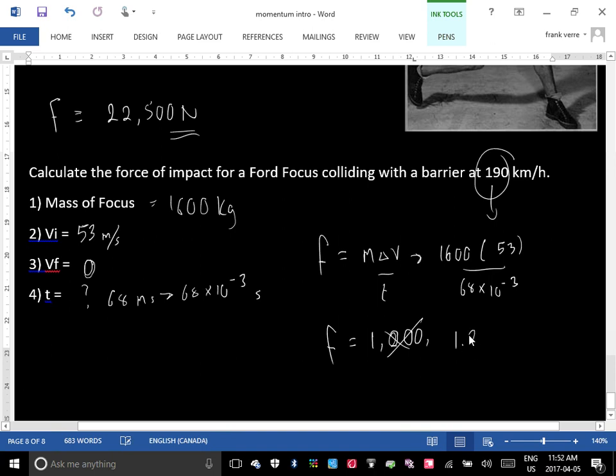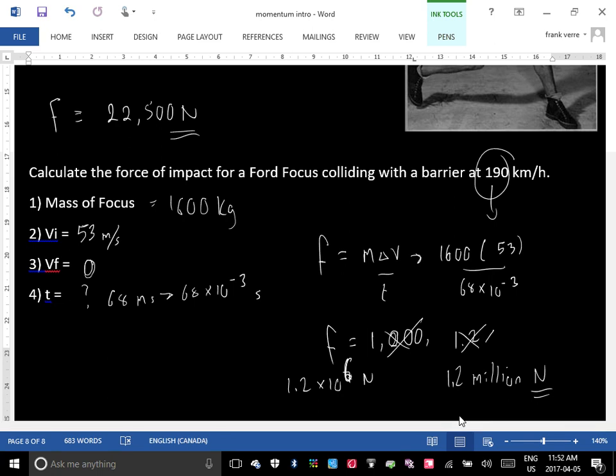Okay. So you got 1.2 times 10 to the 7 newtons? Are you guys okay? You guys don't know. So it's 1.2 million. So it's 1.2 times 10 to the 6 newtons. Alright. Wow. That's a lot of force.